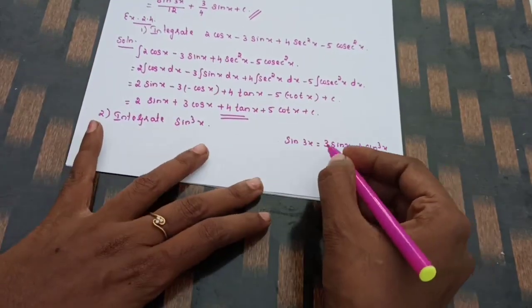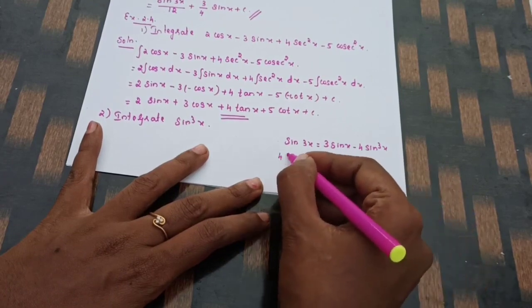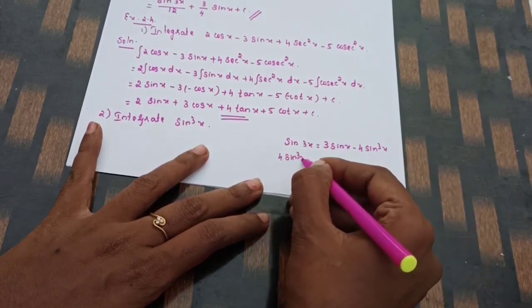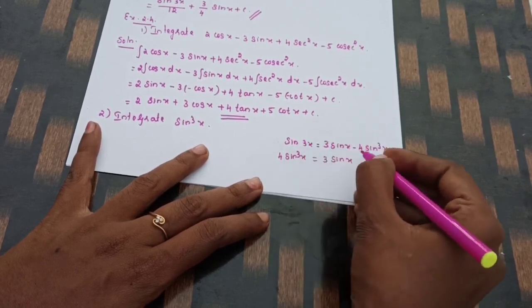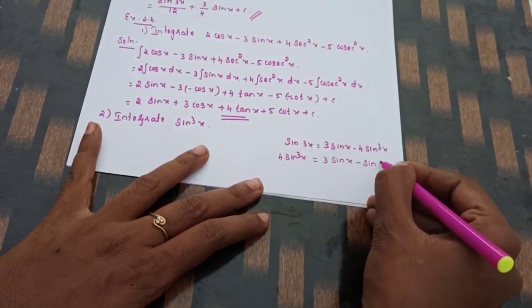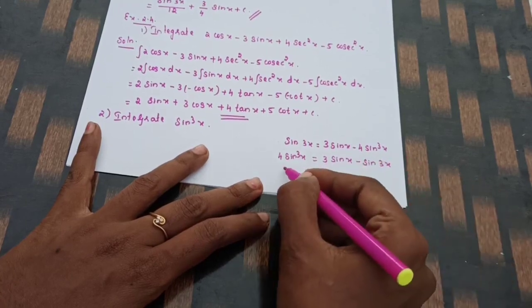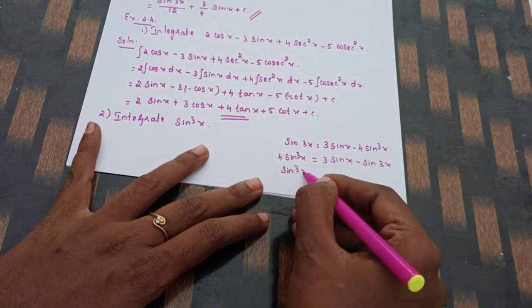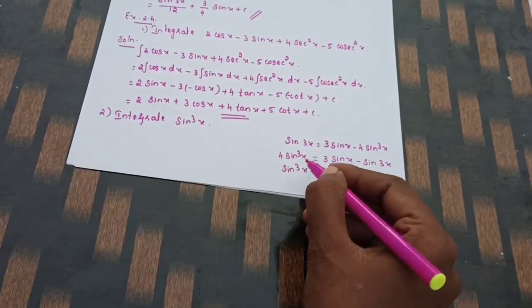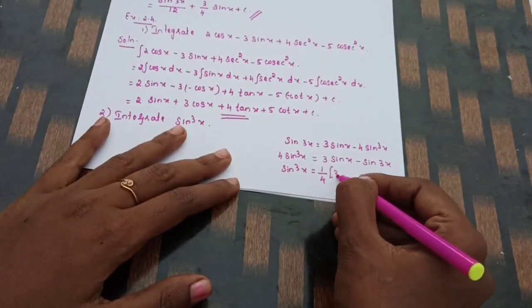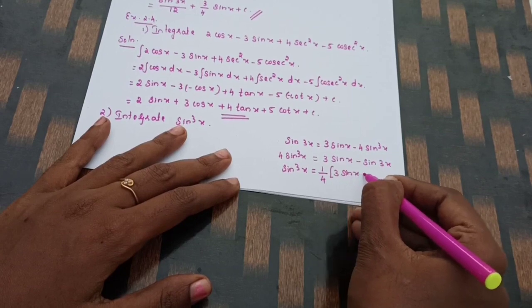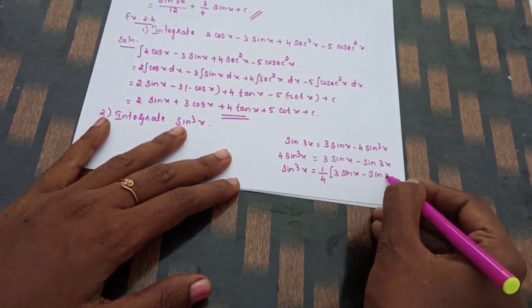It's the formula. So I need the 4 sin cube x value. So I am bringing this term to here, so it will become positive. 3 sin x, bring this to here, so minus sin 3x. Now sin cube x is equal to, what will happen? This 4 will come here, so 1 by 4 into 3 sin x minus sin 3x.